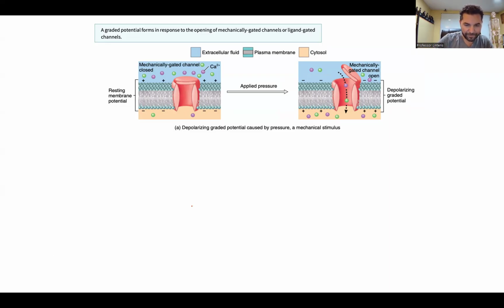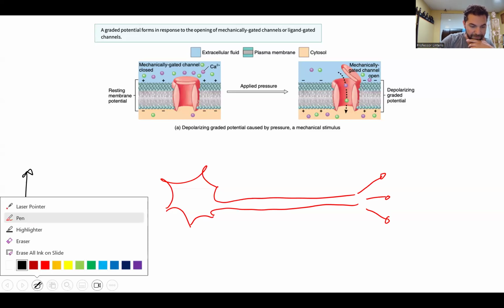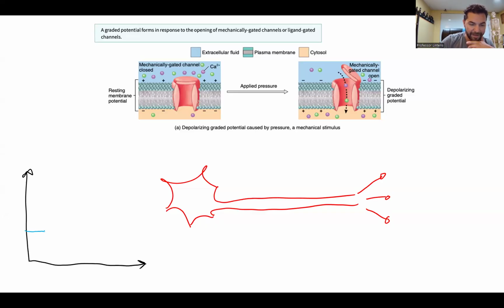If you have a neuron that looks like so, and we have our graph with a resting membrane potential, that would be -70.